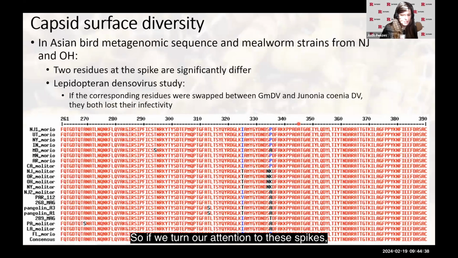So if we turn our attention to these spikes, they actually form a pocket on the capsid surface, and the polymorphism in here, regardless of virulence, manifests in this pocket being either hydrophobic or polar.